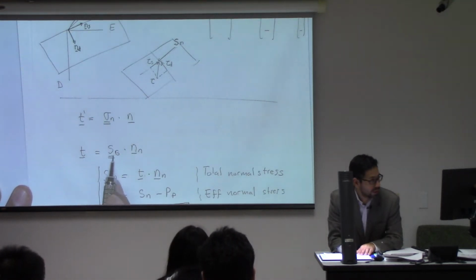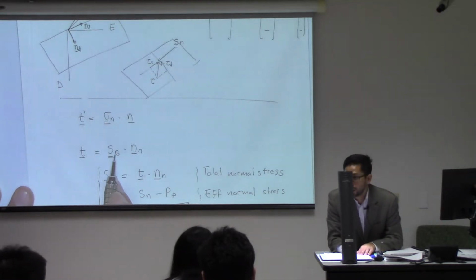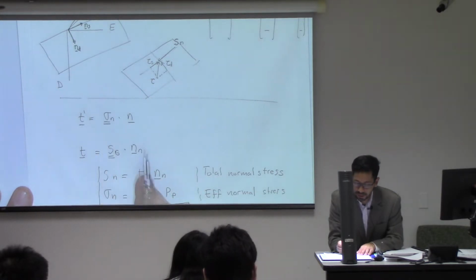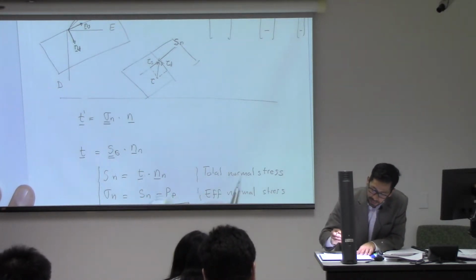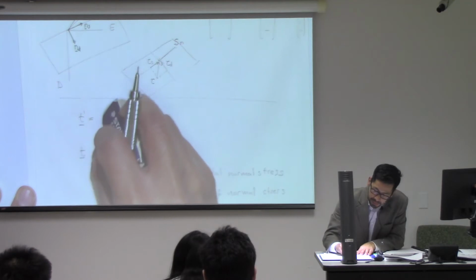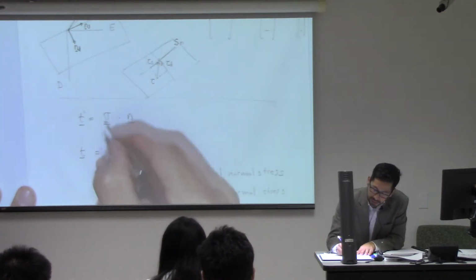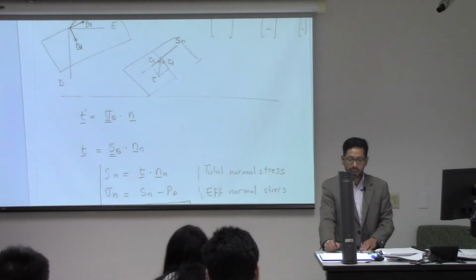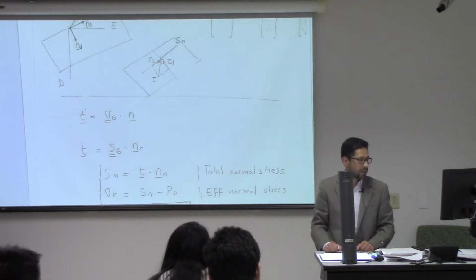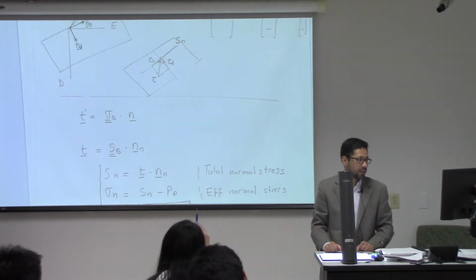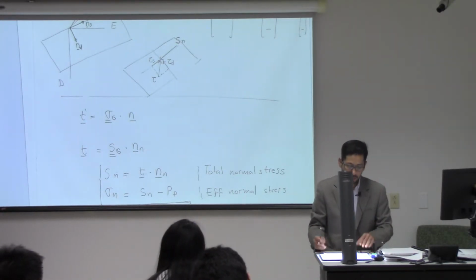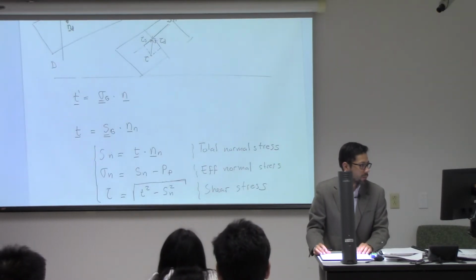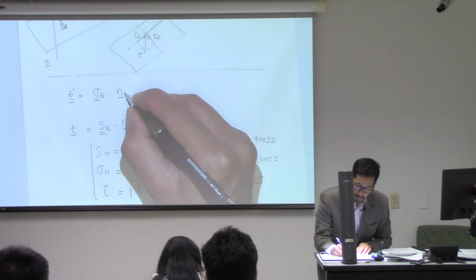Because notice that here I am multiplying the total stress tensor, and here I'm multiplying the effective stress. Oh, yes, that was the confusion, right? So this SG, that's the stress tensor. The last vector, and there should be normal. Yeah, should it be dot n sub n instead of dot n? Yeah. Very well, thank you.